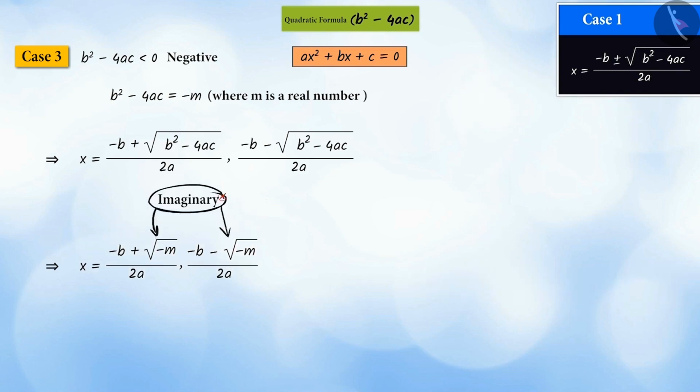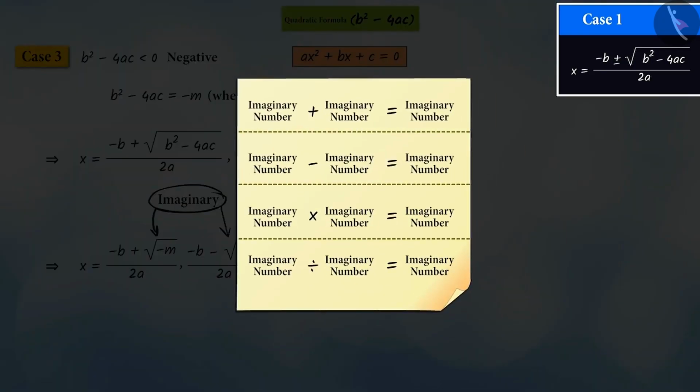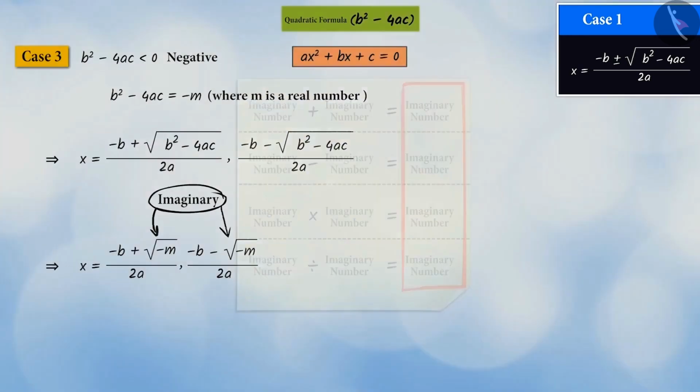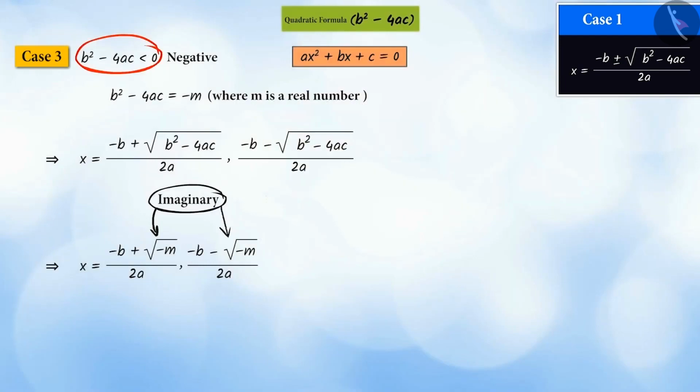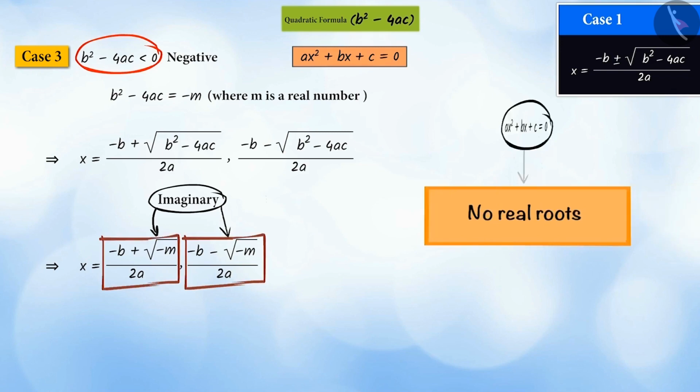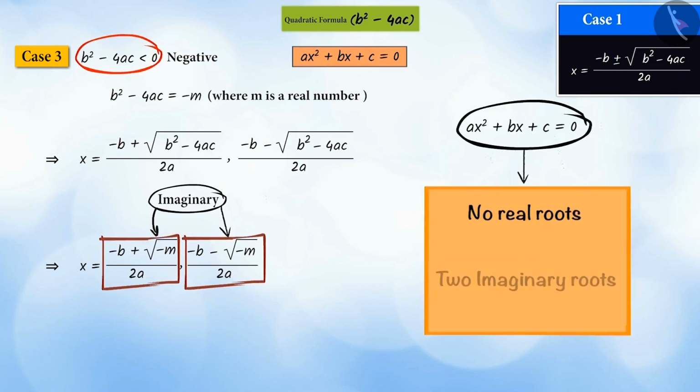The square root of a negative number is not real, hence it is imaginary. And we know that by adding, subtracting, multiplying or dividing any imaginary number with a real number, the result is always an imaginary number. So, in the case when b squared minus 4ac being less than 0, that is being negative, you can say that quadratic equation will have no real roots or it will have two imaginary roots.